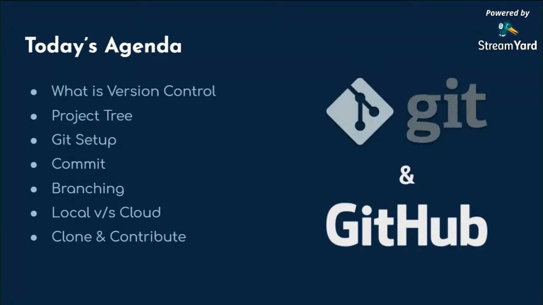The most important thing is that all the developers can contribute with confidence that if they break something in the code, it can be recovered to a previously working state. Those states are called commits, and we are going to be doing some commits today.